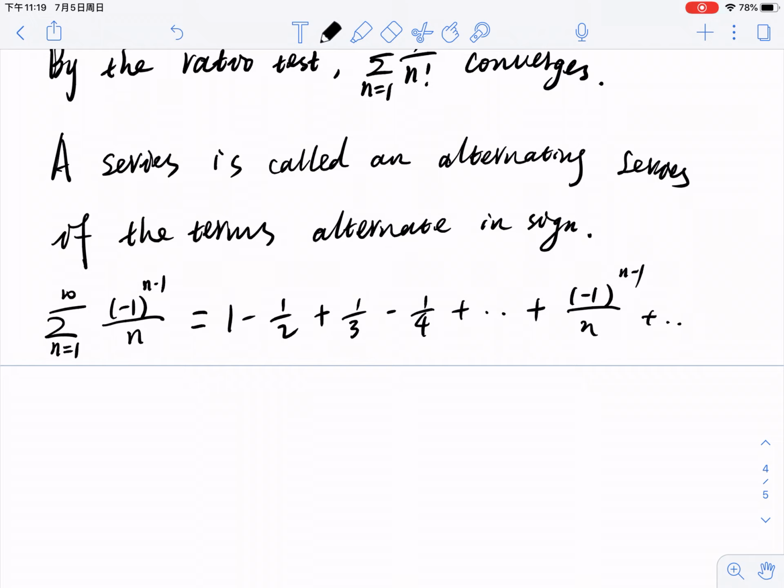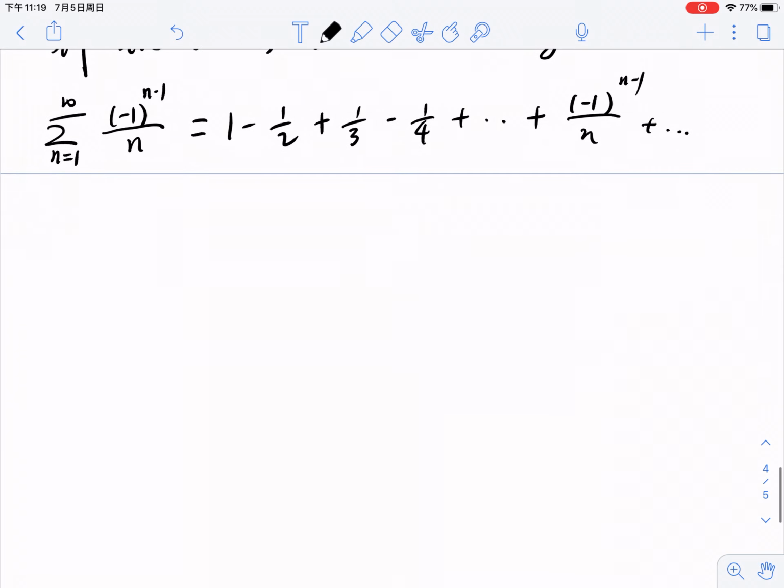So the convergence of an alternating series can often be determined by using the following test. It's called the alternating series test.